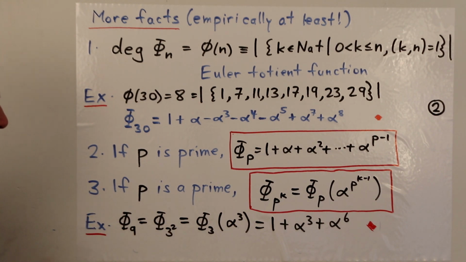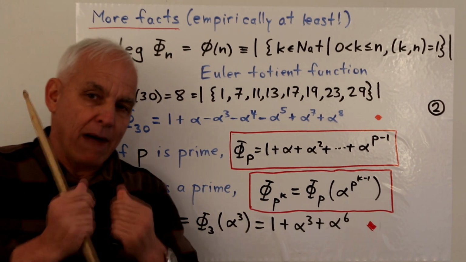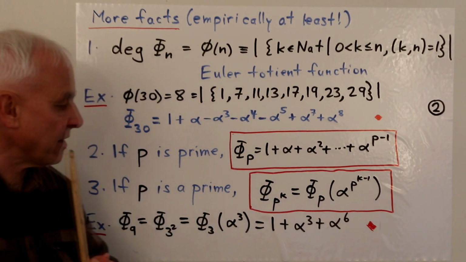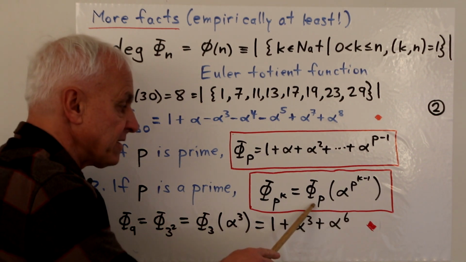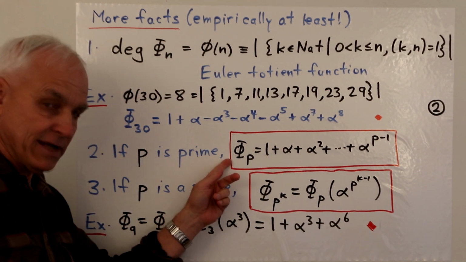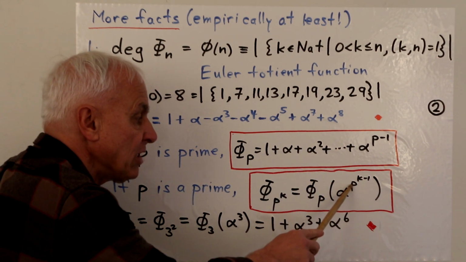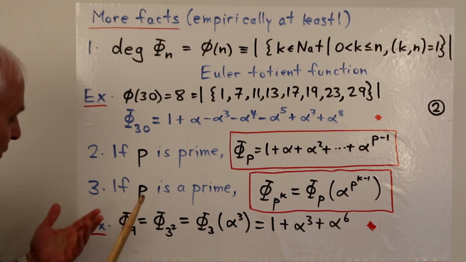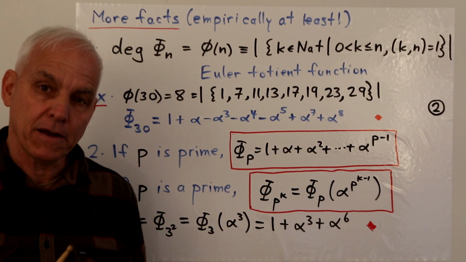Now, third fact. If p is a prime and we're interested in phi of a power of a prime, p to the k, phi sub p to the k, that's equal to phi sub p, which looks like this, evaluated at alpha to the p to the k minus 1. So for example, let's say we're interested in phi sub 9.